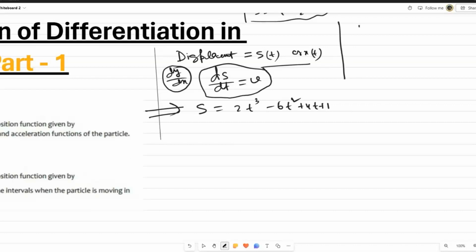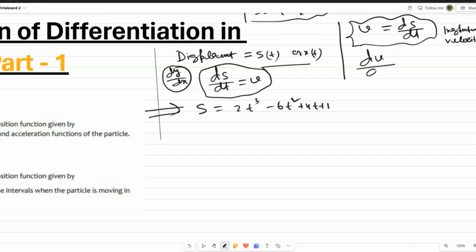Okay. Now, if velocity is ds by dt, what is the expression for acceleration? This is instantaneous velocity. And the derivative of this, dv by dt, this is called instantaneous acceleration, dv by dt.